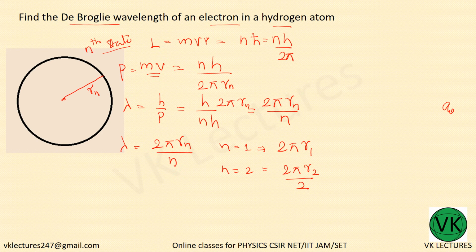When n equal to 1, you get 2 pi r, that is the circumference of the orbit. Here it is half the circumference.